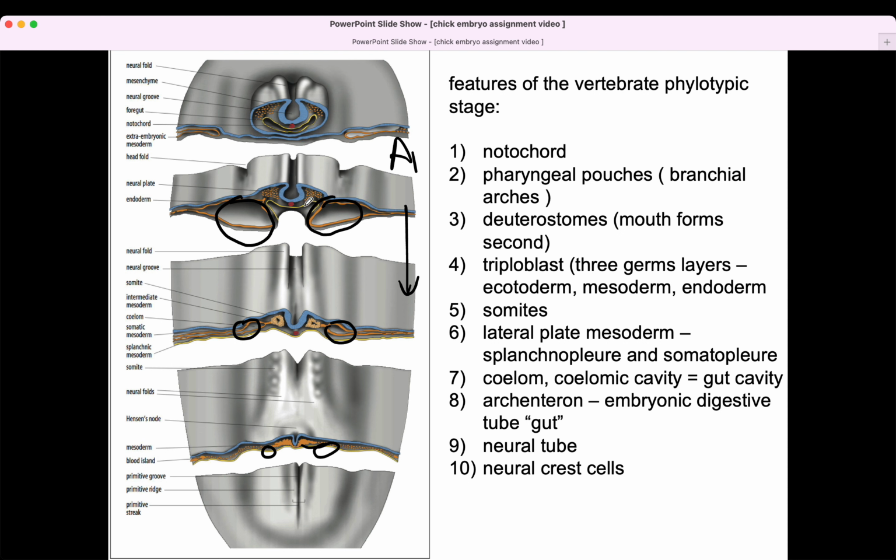Then we also have the endoderm, and the endoderm is a digestive tube that in the chest area is open to the underlying yolk. And so there would be yolk there, and so we have a digestive tube, and later that digestive tube gets closed off. There's the notochord, and the notochord is found behind Hensen's node. So there's Hensen's node. It's moving this way during primitive streak regression.